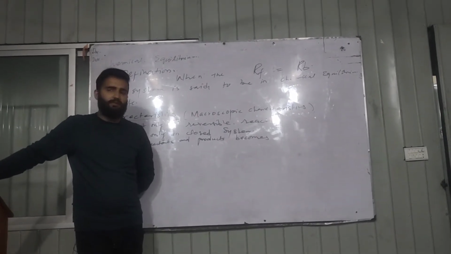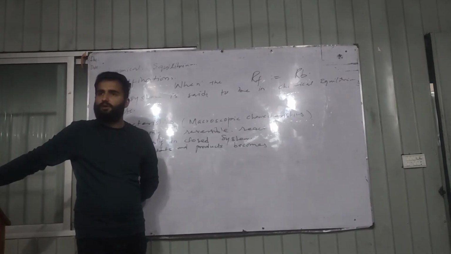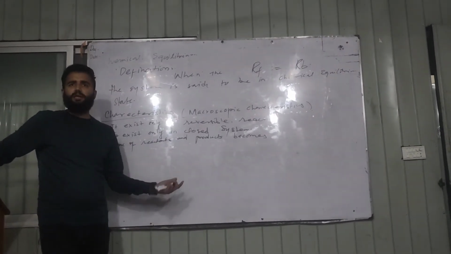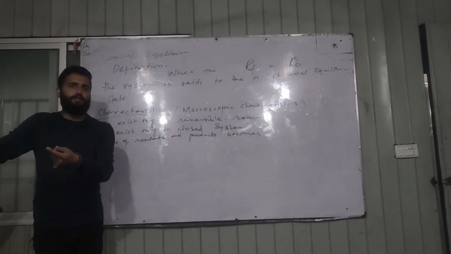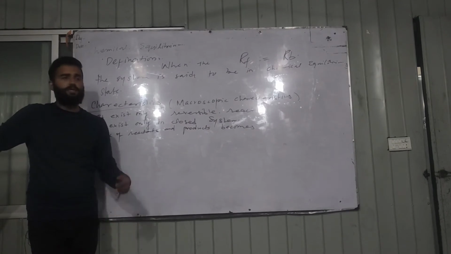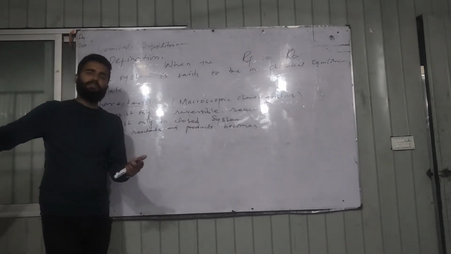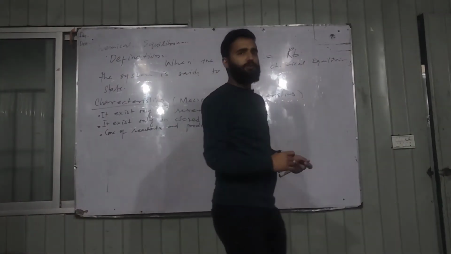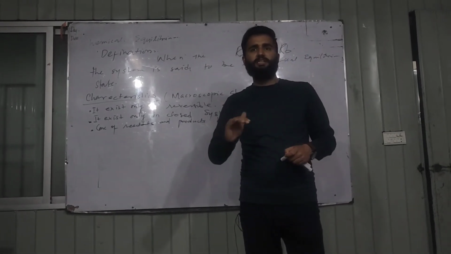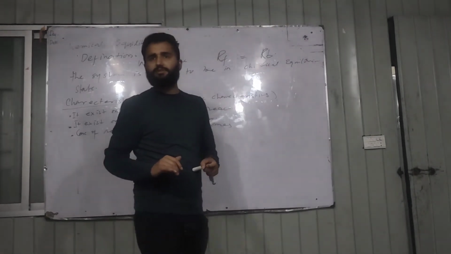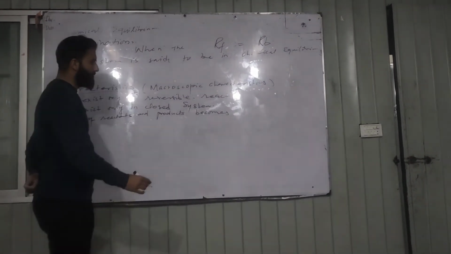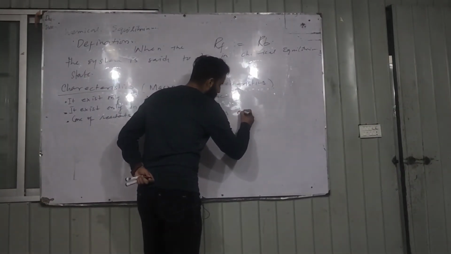The concentration will not be changing, for any of the reactants or products, not both. You can measure the concentration of only one of the reactants or products. If it is not going to change, you can say that the system has been in equilibrium state. The concentration of reactants and products becomes constant, not equal.